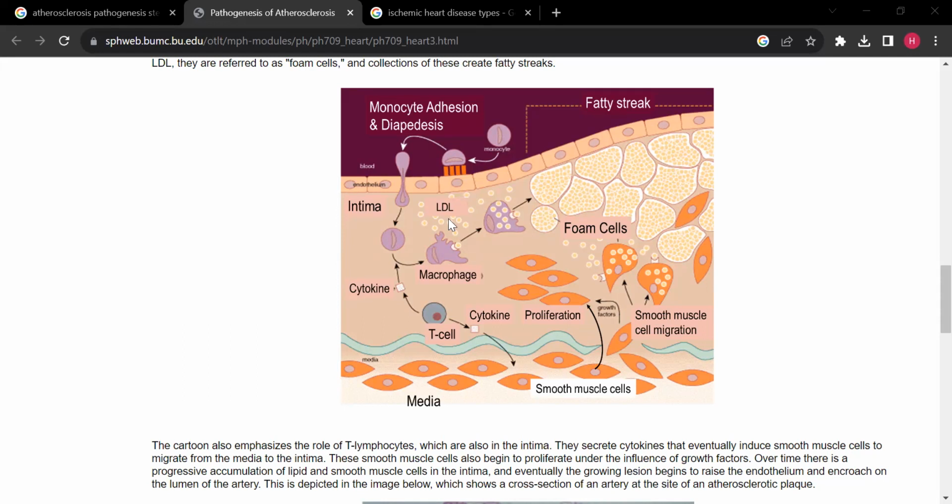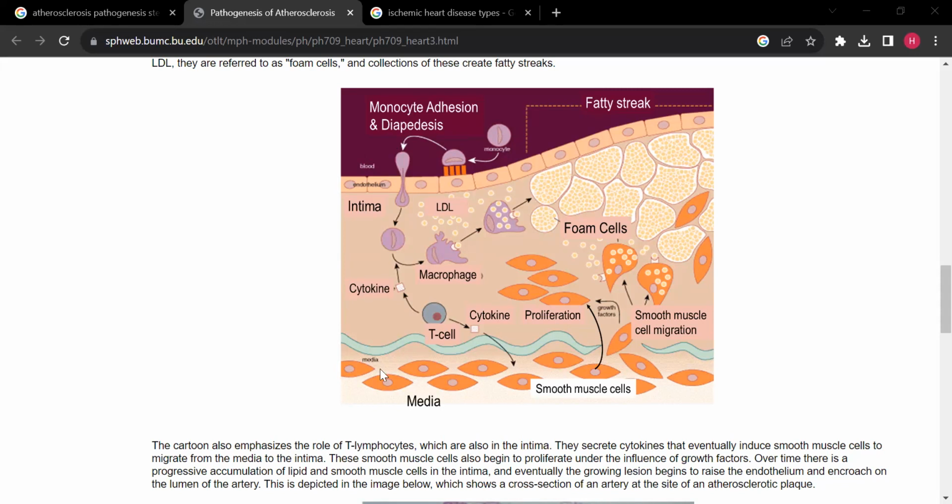When this LDL is oxidized, it attracts monocytes from the blood itself, and they will leave the blood and enter the space between the intima and the media.